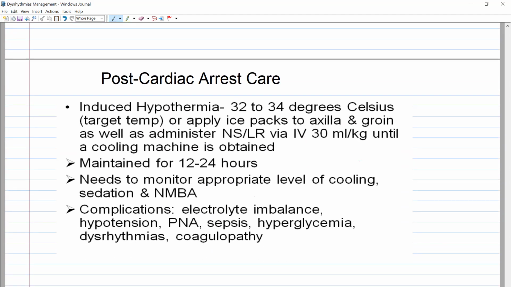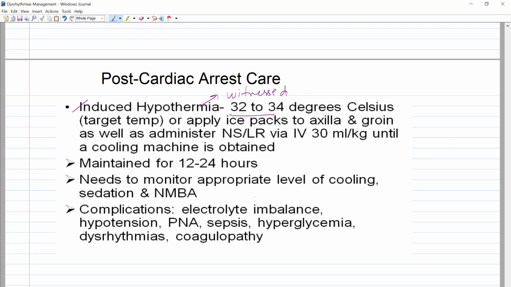So with post-cardiac arrest care, we do induced hypothermia. And remember, the criteria for this induced hypothermia is that the cardiac arrest needs to be witnessed. Witnessed means you saw it, you started CPR, you tried to save the patient. So with induced hypothermia, the goal is a target temperature of 32 to 34 degrees Celsius.